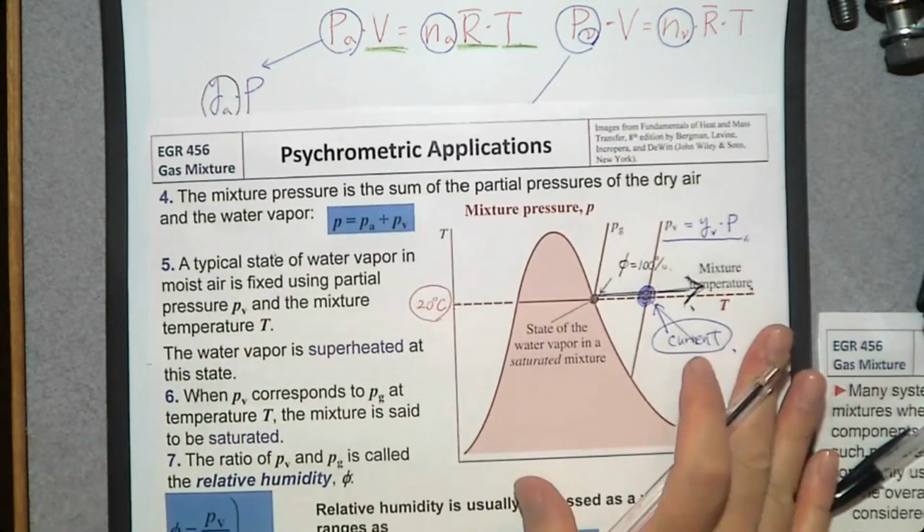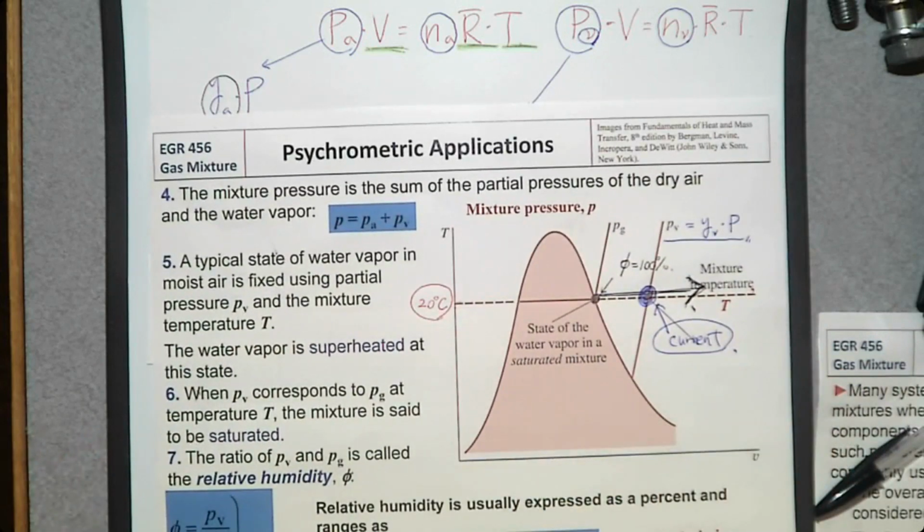So if you decrease or increase the temperature of the air in this classroom without changing the amount of water vapor, then this PV does not change because the pressure in this classroom is constant.